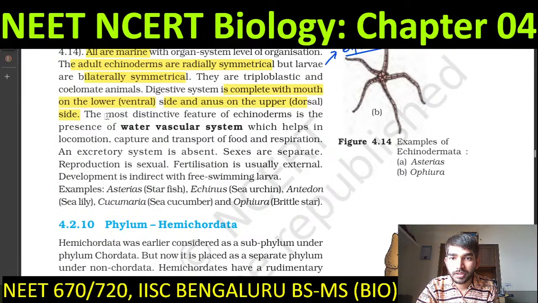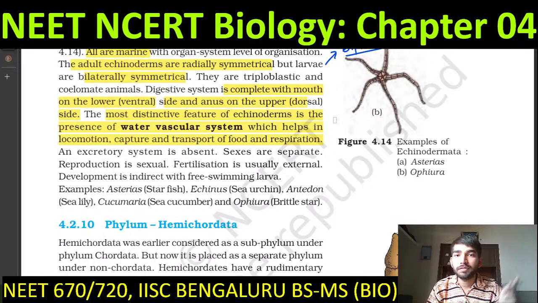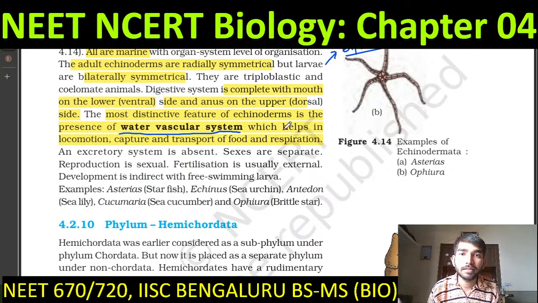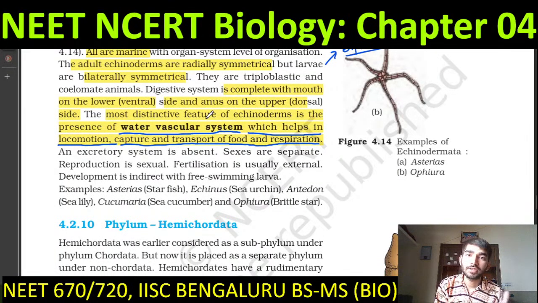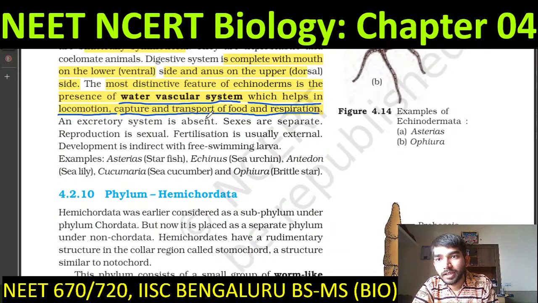Most distinctive features, so this is important. A water vascular system is present in echinoderms, which helps in locomotion, capture and transport of food, and respiration. Similar to the choanocytes and flame cells that we studied earlier, here they have this water vascular system lined by multiple cells, because now they have an organ system, not single cells playing the role in all these processes.